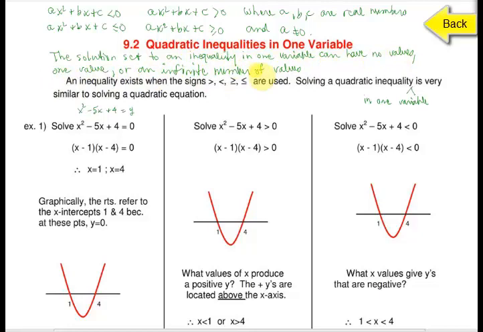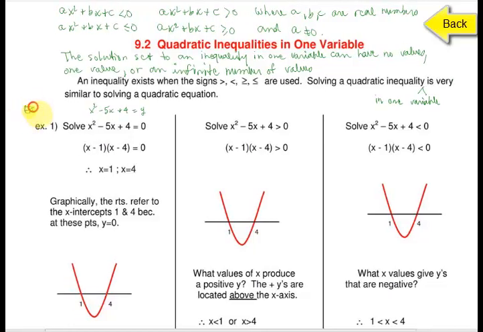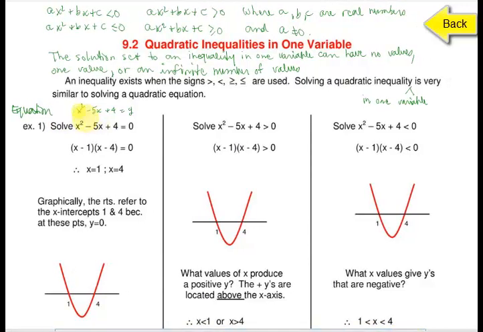So what we're going to do is take a look at comparing the equation with the inequalities, because solving a quadratic inequality is very similar to solving a quadratic equation. So we'll first take a look at the equation, and if you recall, its counterpart is x squared minus 5x plus 4 equals y.